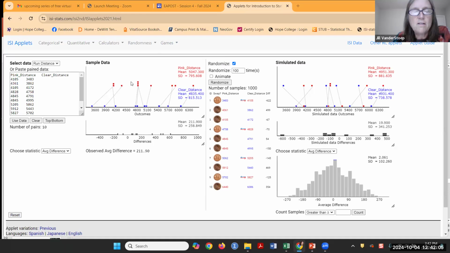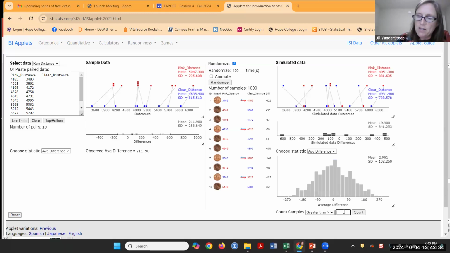And hit enter. Yeah, it did. So 211 did happen. Is it in the middle of the distribution or is it out in one of the tails? Go to your chat. And hit enter. It is out in the tail, right? So 211 is way out here.